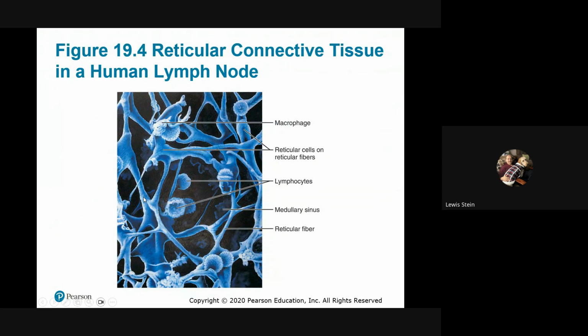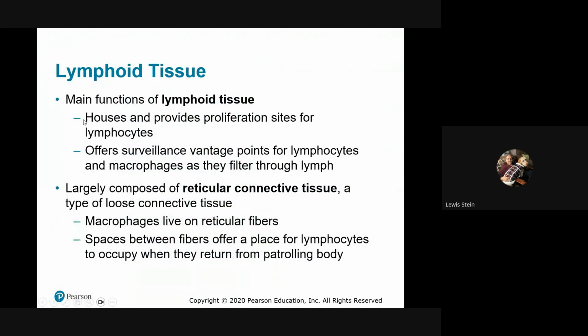So it's like this. It's like nooks and crannies. It's a network. And in that network, you have all these reticular fibers, little nooks and crannies, and interspersed are all sorts of white blood cells, different lymphocytes, T cells and B cells, macrophages, because eventually they're going to gobble up the garbage when the other cells are done. It provides proliferation sites for lymphocytes, surveillance points.